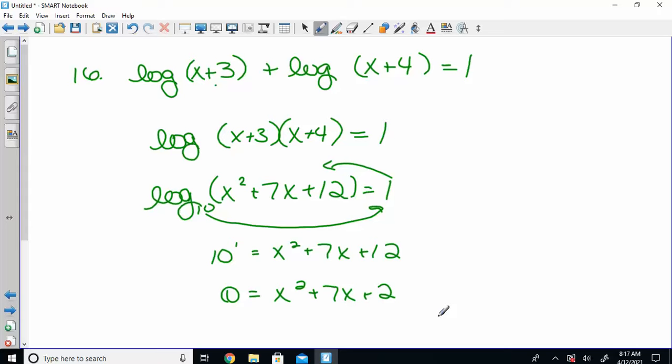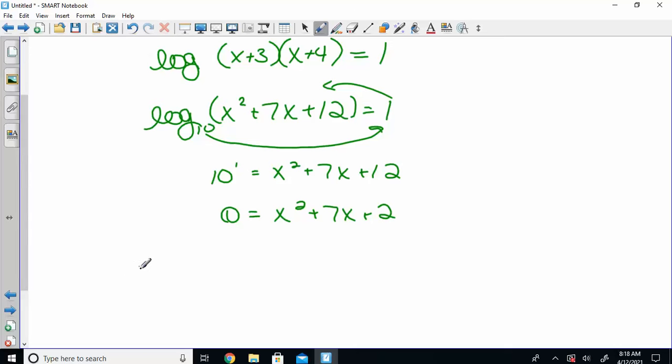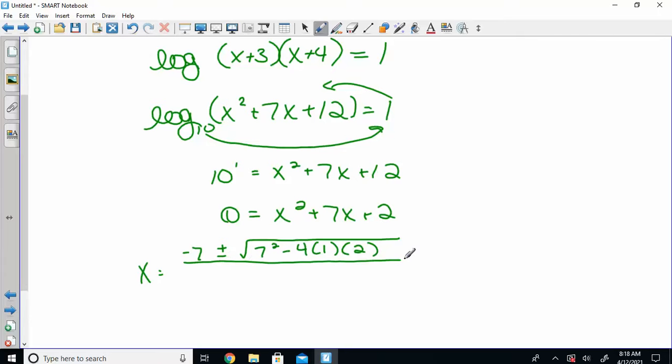Alright, at this point we tried box method. Most of the time I give you pretty nice ones where box method works, but does it work this time? No. So how do you solve a quadratic if you can't do box method? Okay. So x equals opposite of b plus or minus the square root of b squared minus 4ac all over 2a.